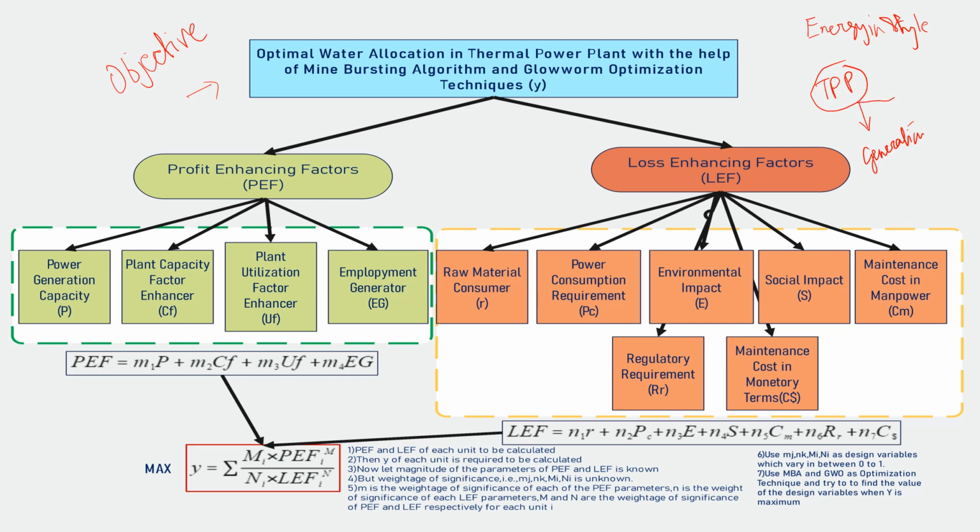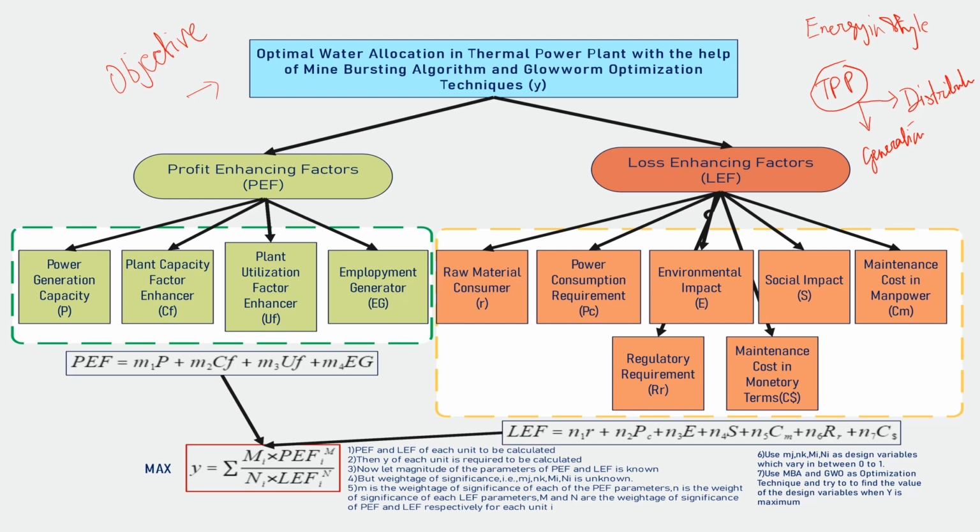One is the distribution unit, that means after generation the power is distributed to the national grid or to other locations through transmission cables, or into various sources as per requirement. So that is not part of our work.